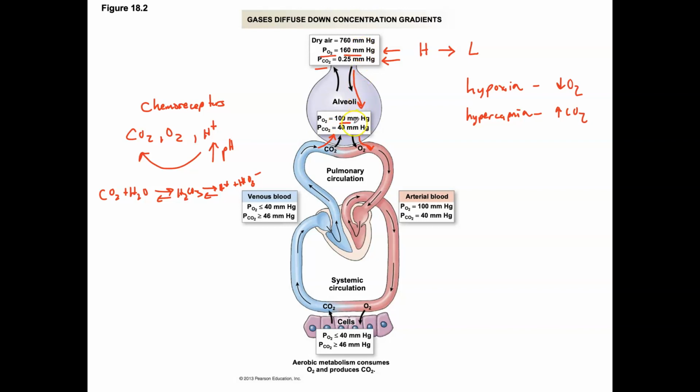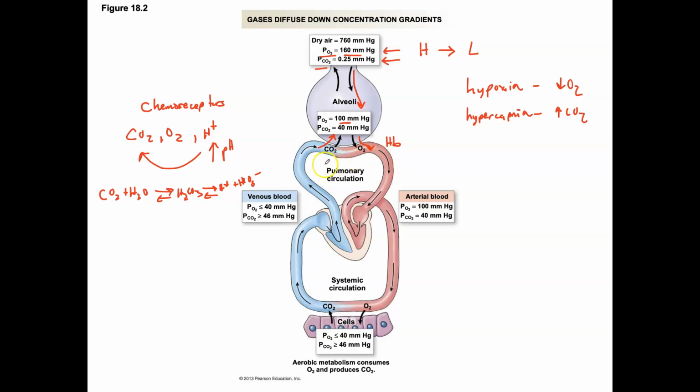And then, of course, oxygen is going to move from the alveoli into arterial blood because there is a partial pressure difference. And we're also going to be talking about hemoglobin levels and using hemoglobin to grab onto oxygen to transport it through the cardiovascular system.